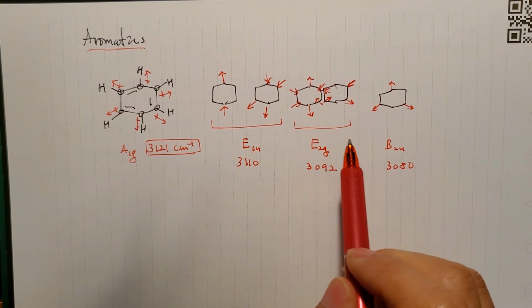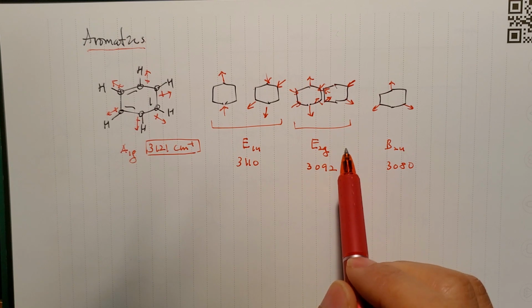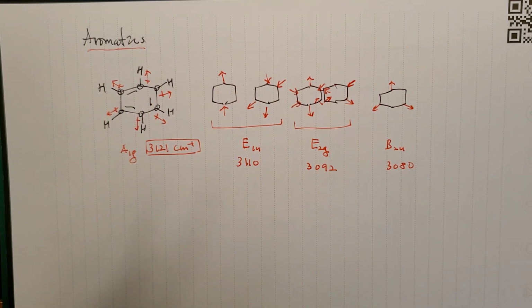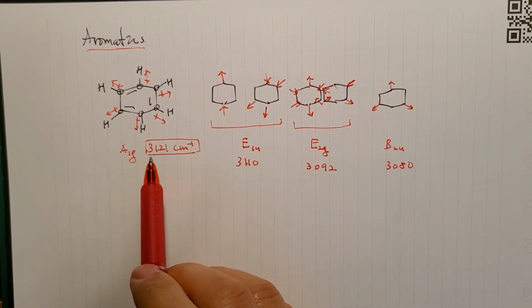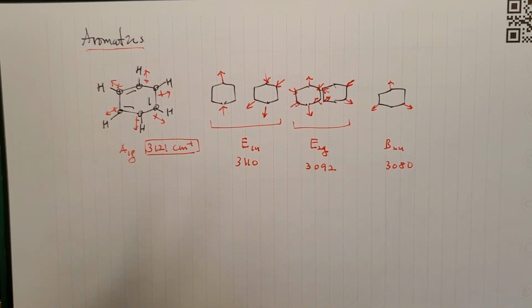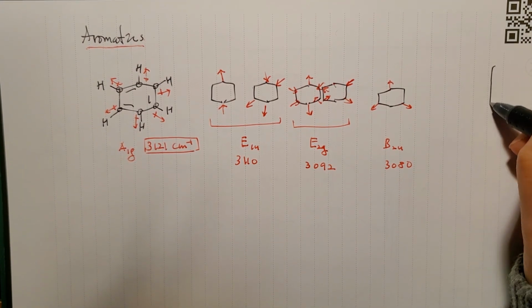But anyway, we don't want to go through these details of the symmetry now, but you find this many CH stretching modes, okay, and the numbers are quite similar, slightly over 3000. So they are all merged up with the sp3 CHs, as you saw before.